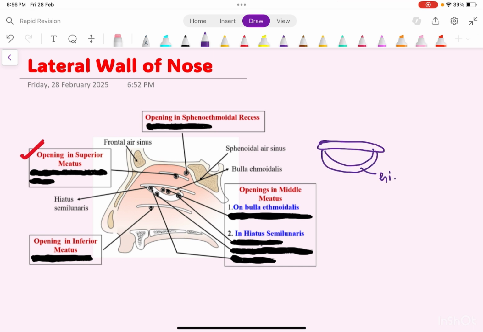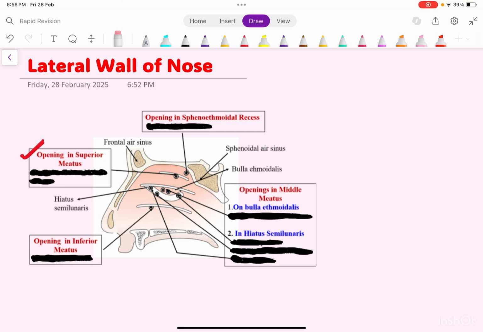This is the hiatus semilunaris, in the shape of a half moon, and this is the bulla ethmoidalis. The inside part is the bulla ethmoidalis and the outside part is the hiatus semilunaris. I hope you know this much by now.